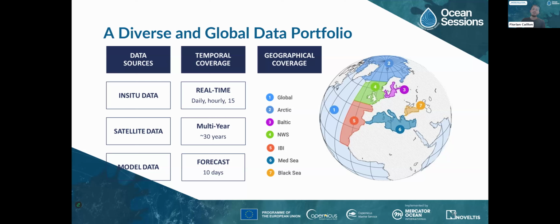The Copernicus Marine Service offers a vast catalog of ocean products. You can access real-time conditions, historical reanalysis going back 30 years, and forecasts up to 10 days ahead. Its coverage extends across the global ocean and key regional seas around Europe, making this resource invaluable for both research and operational applications.